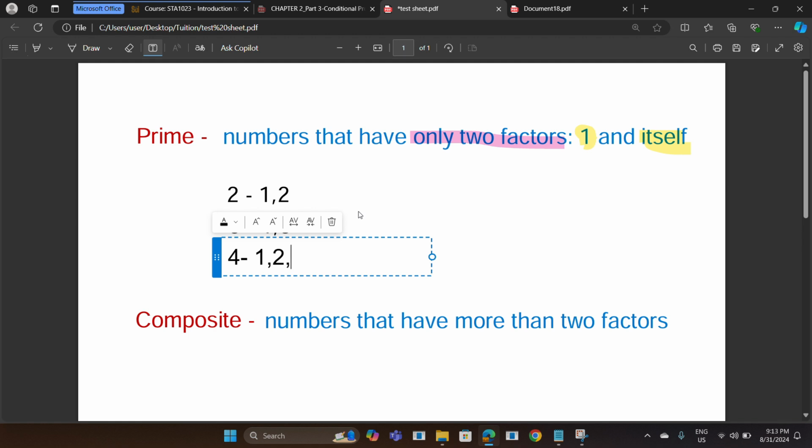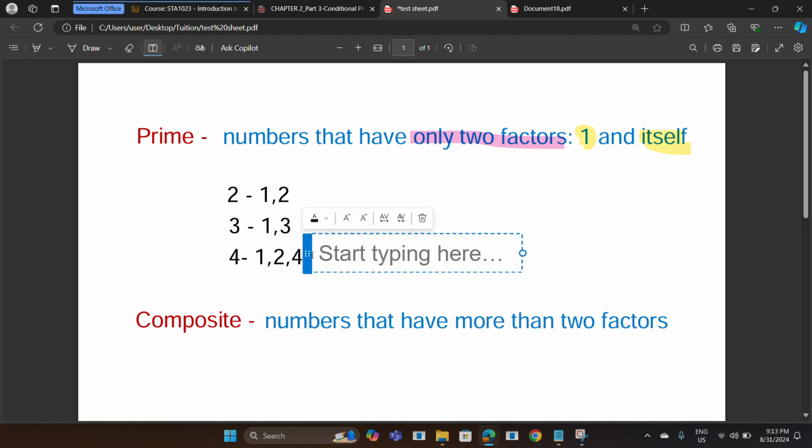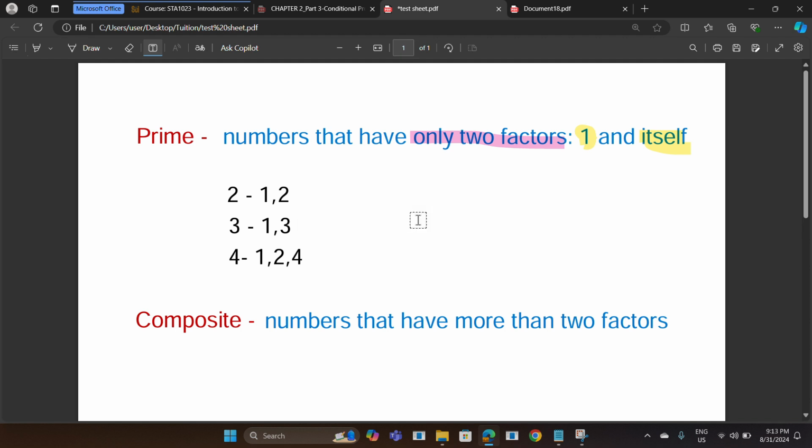Yes, the other factor of 4 is 4 itself. Tell me, how many factors does 4 have? 1, 2, 3. There are 3 factors.